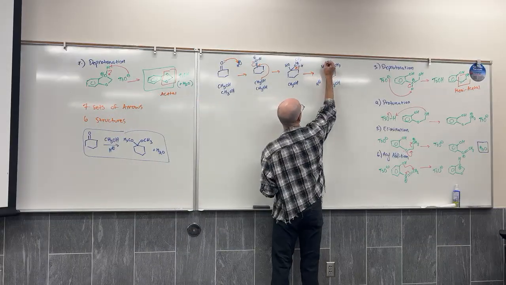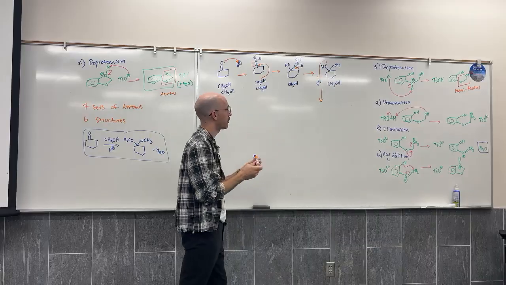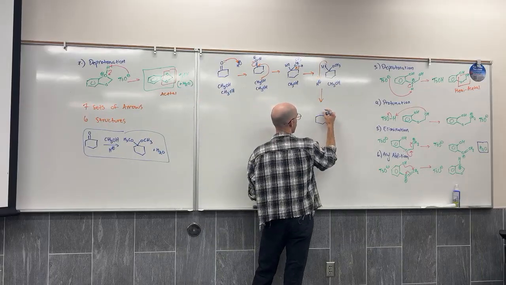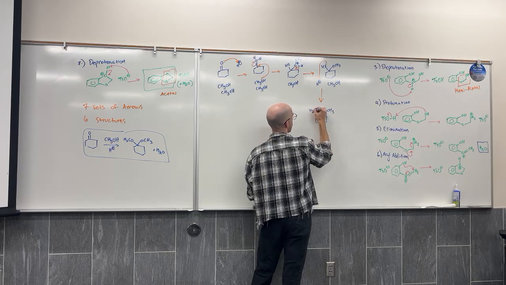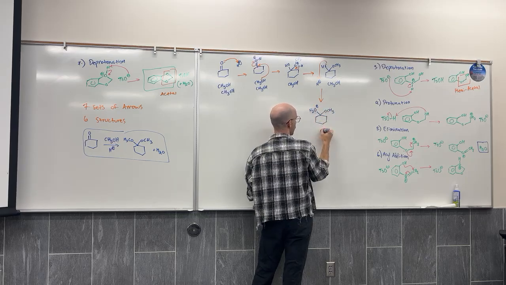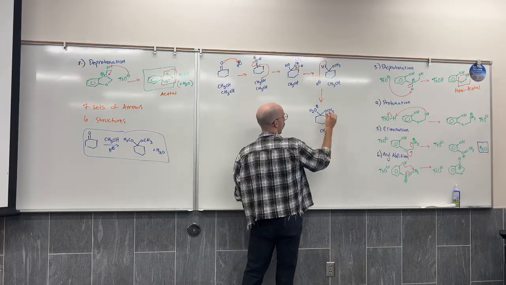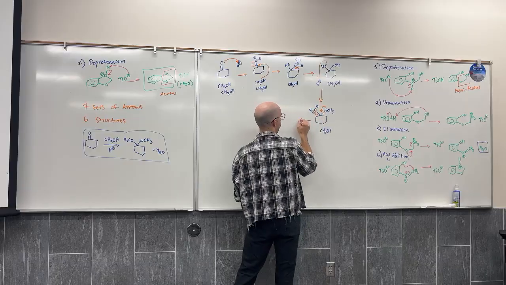Then we protonate again. Once again, there's a lot of things that can be protonated, but only one thing that can be protonated meaningfully in our mechanism, and that's the alcohol that was the carbonyl, because now I have water attached to my structure, and I can kick off water.